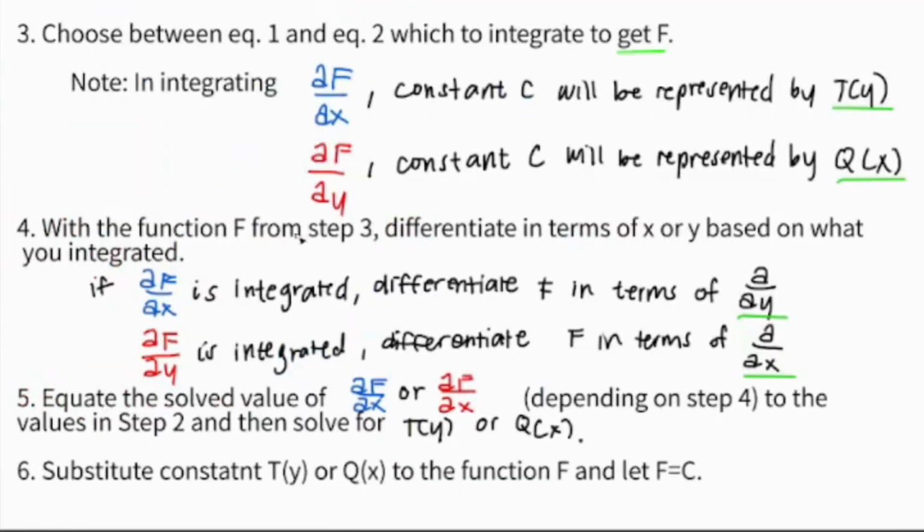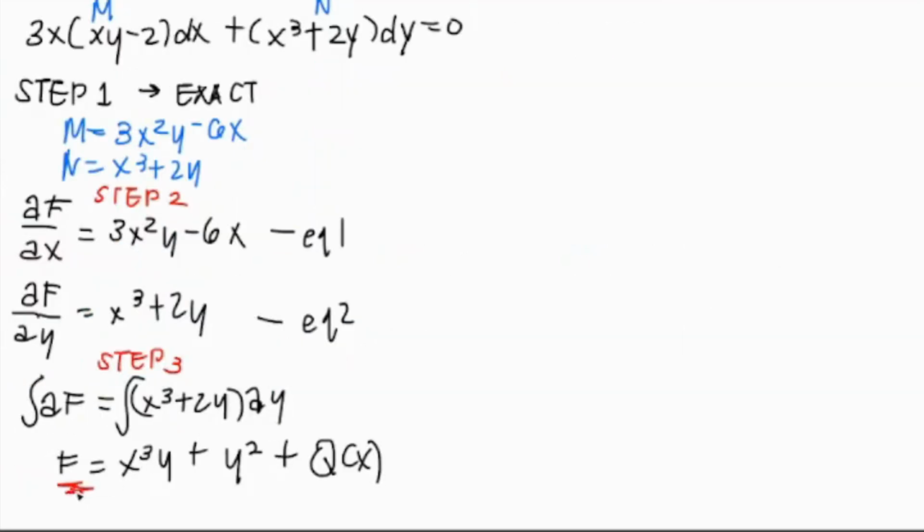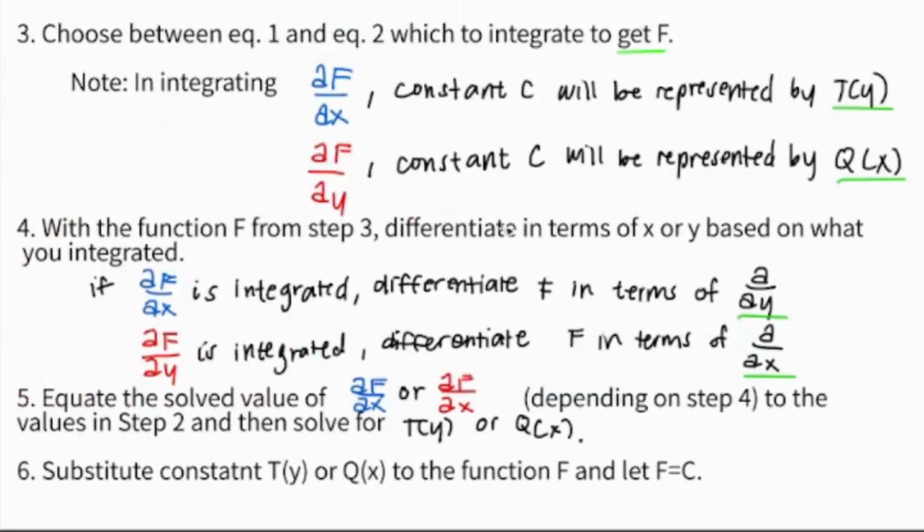So, step 4 natin is with the function f from step 3, differentiate in terms of x or y based on what you integrated. Magpipili tayo kung i-differentiate ba natin yung function f in terms of y or in terms of x.